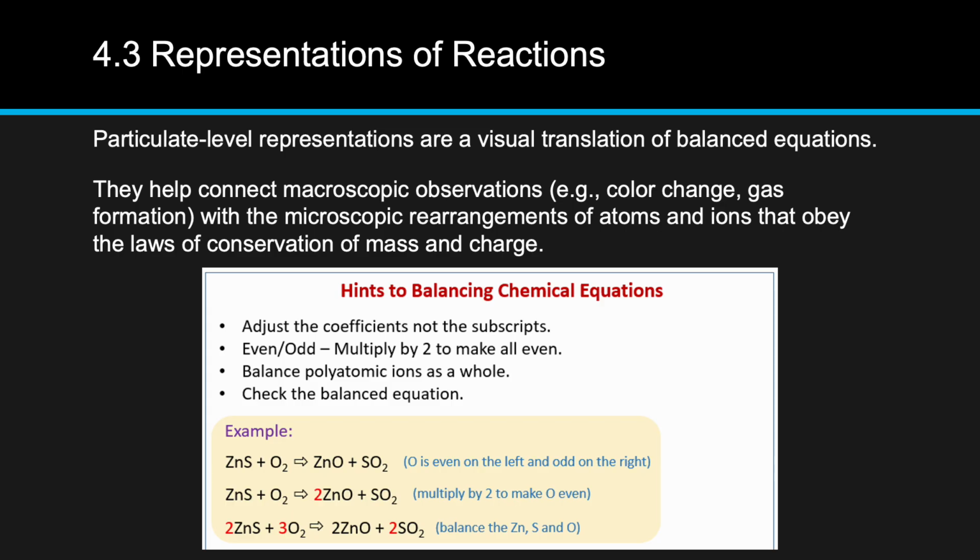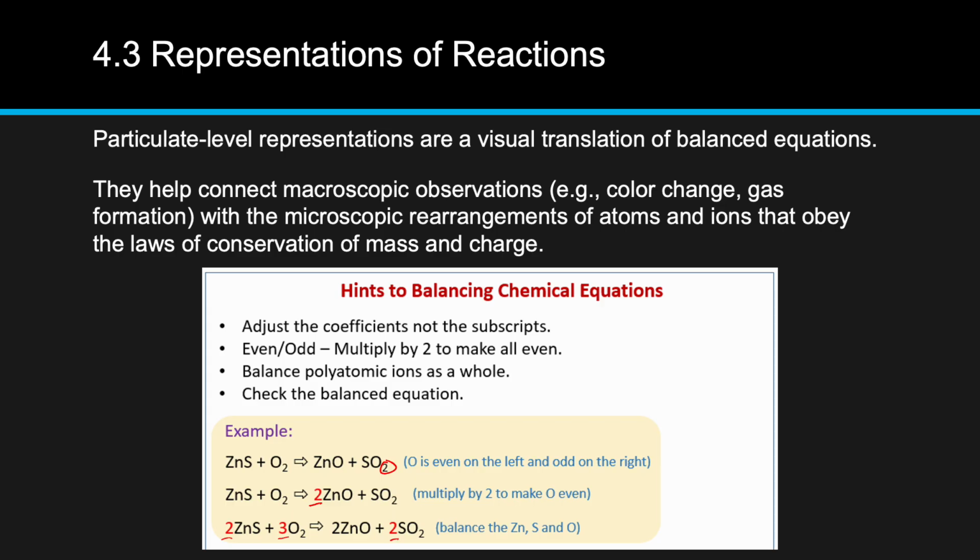So when we are balancing equations, remember you are only changing the coefficients, which are the large numbers to the left of your substances. You are not changing the subscripts. If you are changing the subscripts, which are the small numbers, like in SO2, that means you're changing the identity of that substance. So you are only changing coefficients, which are the large number to the left of the substances.